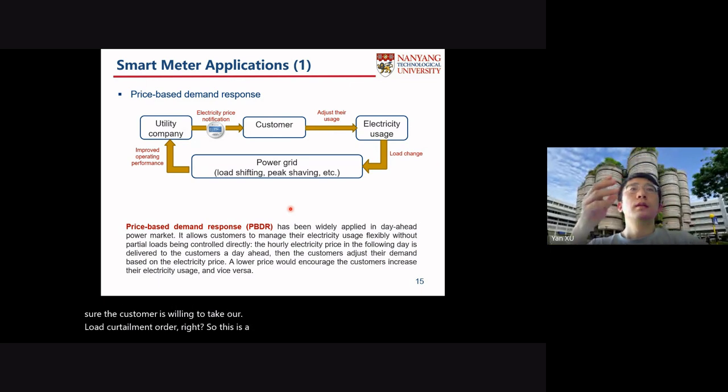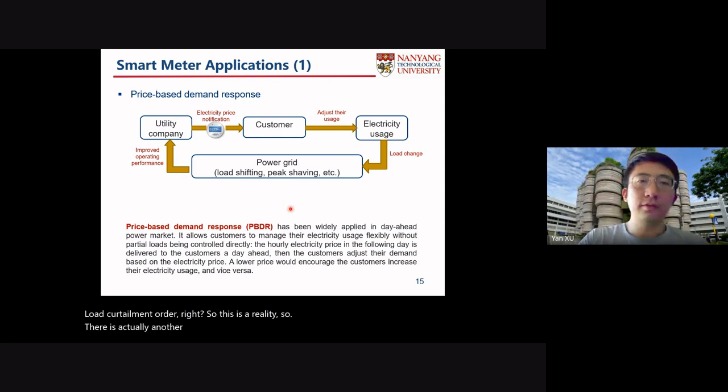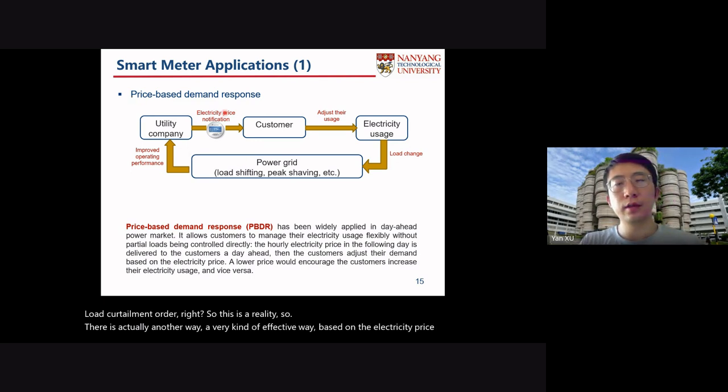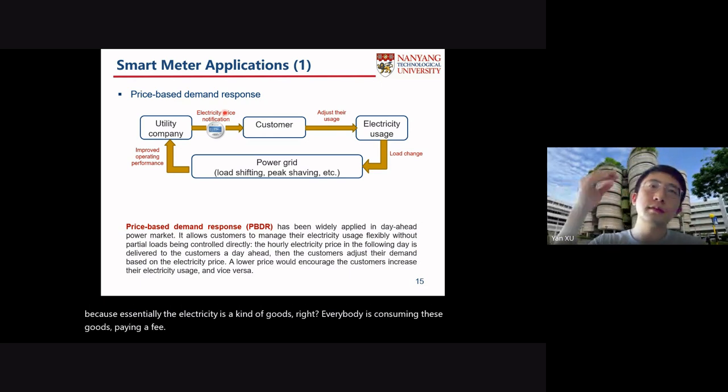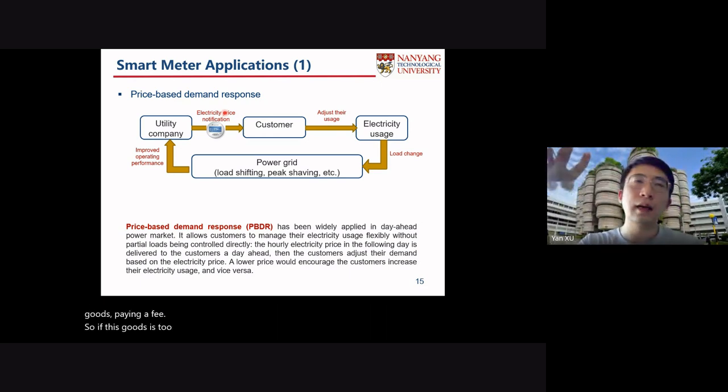So there is actually another, very effective way, based on the electricity price. Because essentially electricity is a kind of goods, right? Everybody is consuming these goods, paying a fee. So if this goods is too expensive, the customer may consume less.